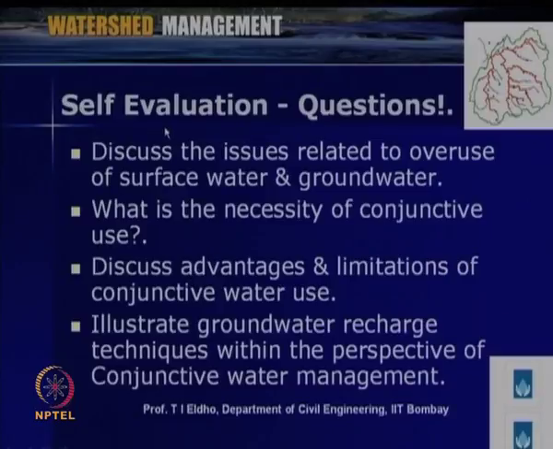Then a few self evaluation questions: discuss the issues related to use of surface water and groundwater, what is the necessity of conjunctive use, discuss advantages and limitations of conjunctive water use, then illustrate groundwater recharge techniques within the perspective of conjunctive water management. Most of these related issues we have discussed in today's lecture.